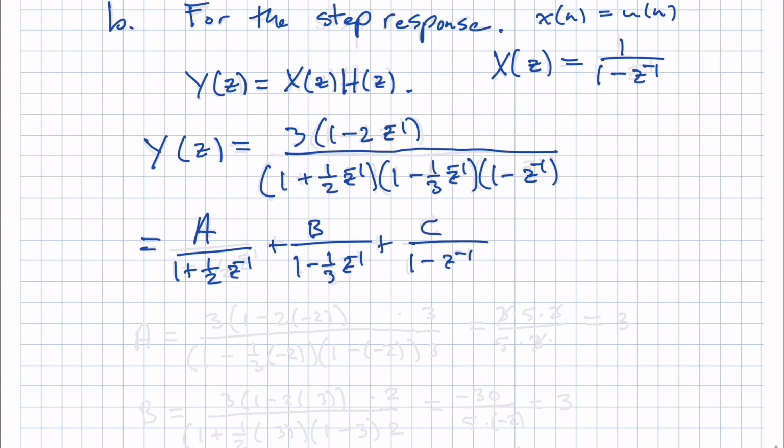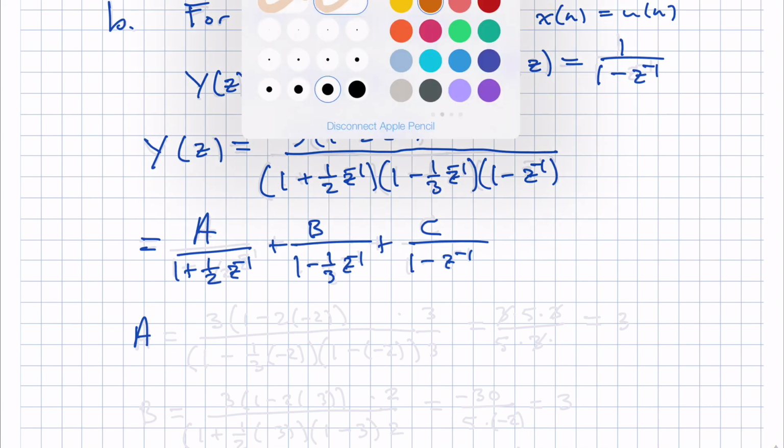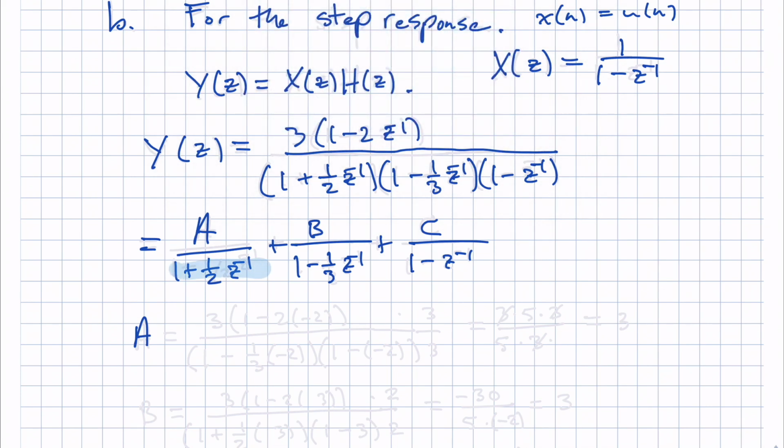All right, so we can use the cover-up method, and what we're going to do here is look at the root location for the denominator of a, and so I plug in z to the minus 1 equals -2, covering up this term. I plug into what's left.